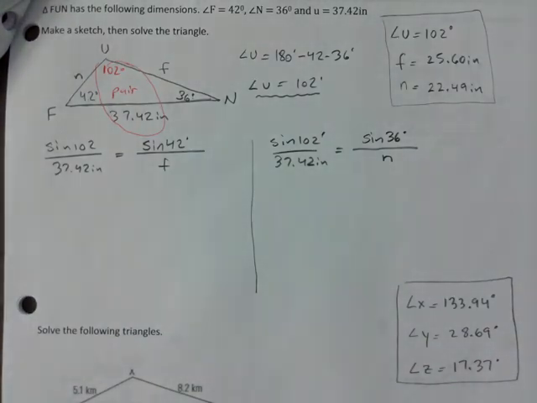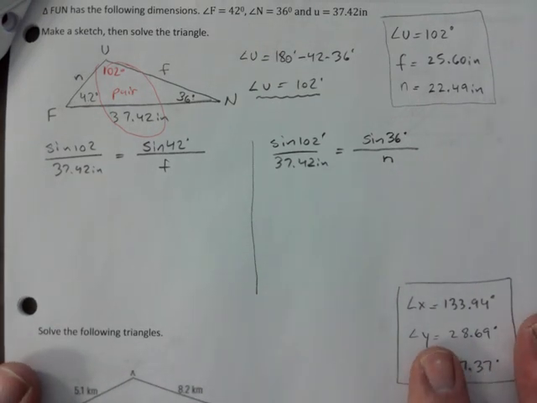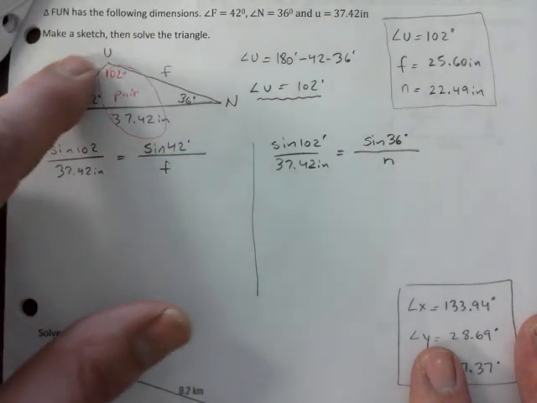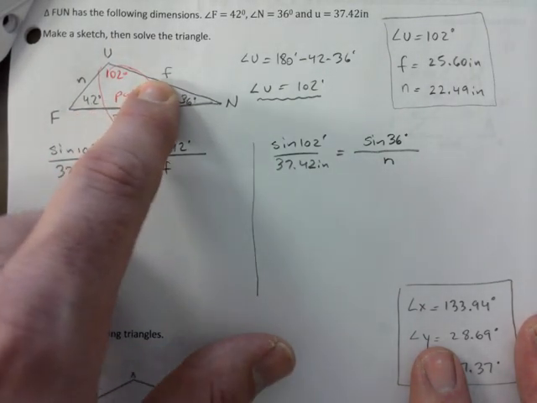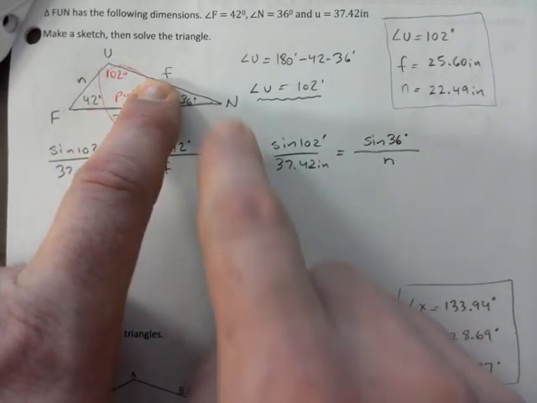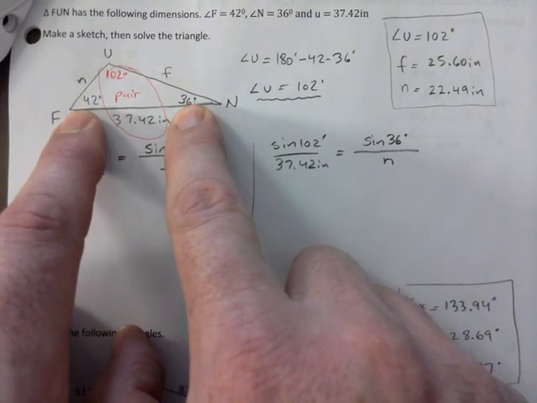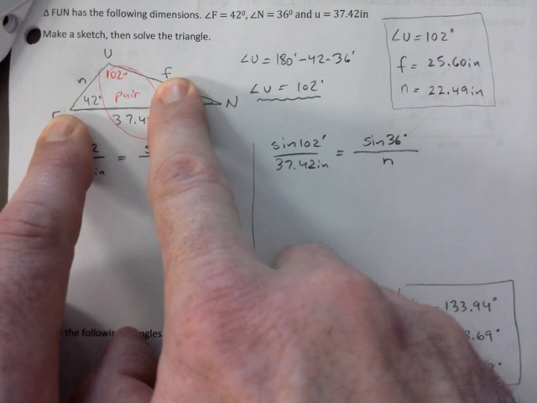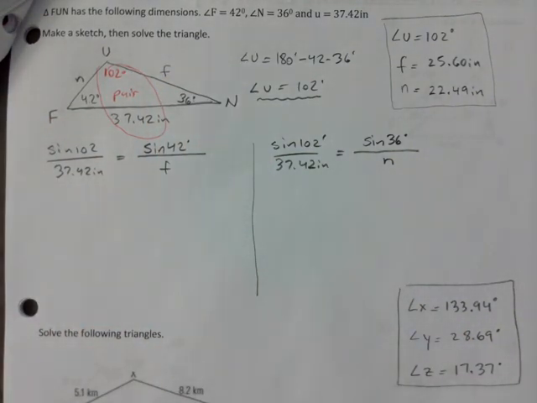What else should I say here? Be sure, because on the AC it's not just going to be cosine, so you've got to watch out. If the question specifically asks you to find side F, remember you have two options, but you've got to pick 42 degrees to find side F. So make sure you practice this.